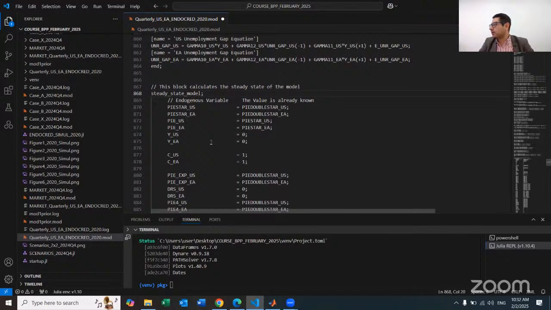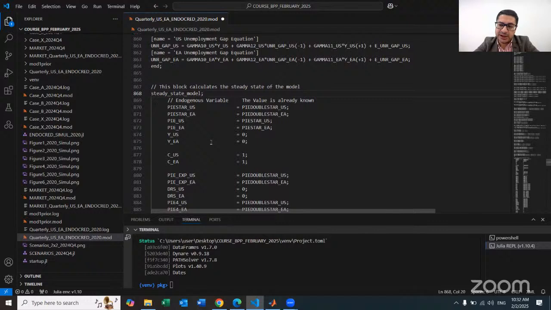In other models, let's say GIMF, which is a structural model, and there are hundreds of behavioral equations, it's not so simple to find out analytically the steady state of the model. In those kinds of frameworks, we are using numerical methods to calculate the steady state, starting from some guess values.